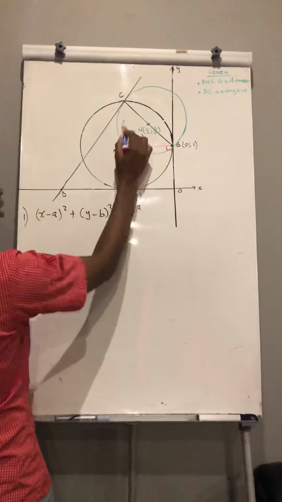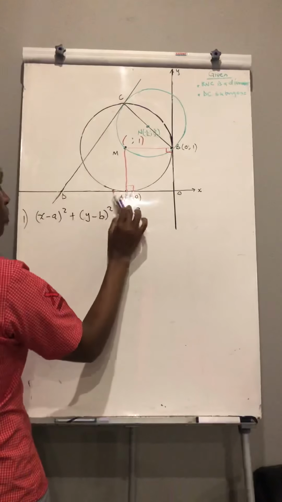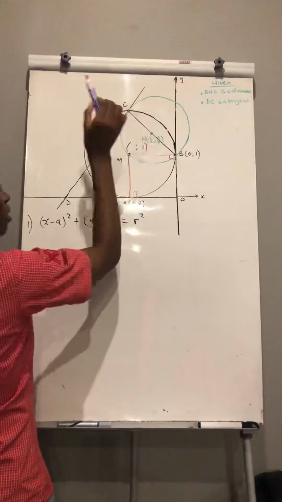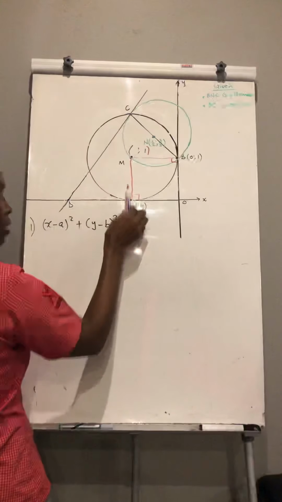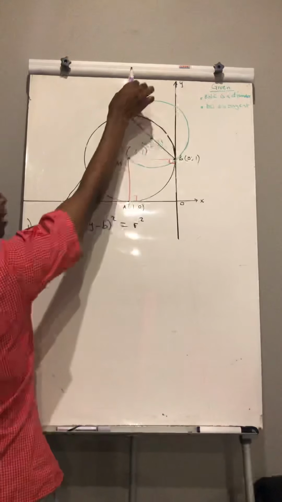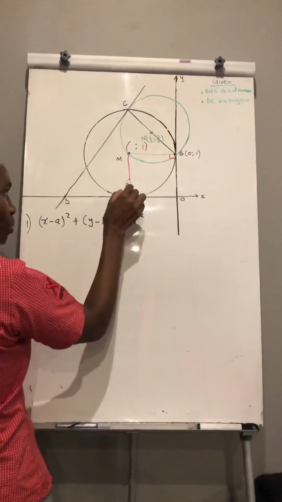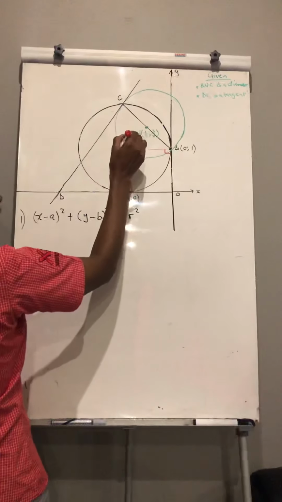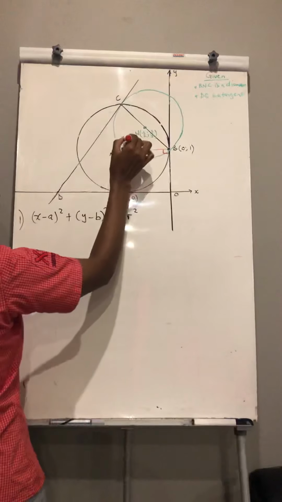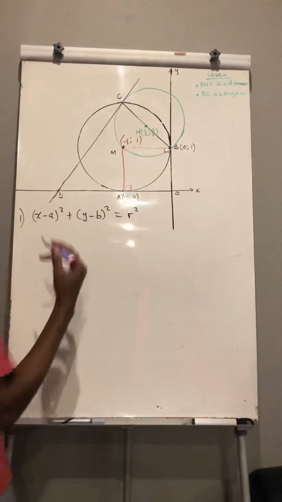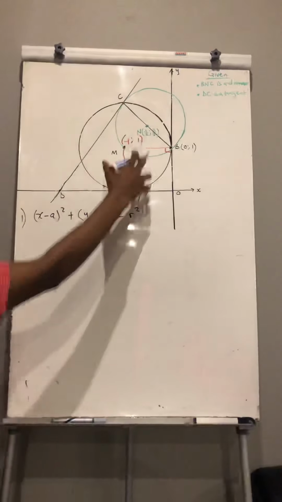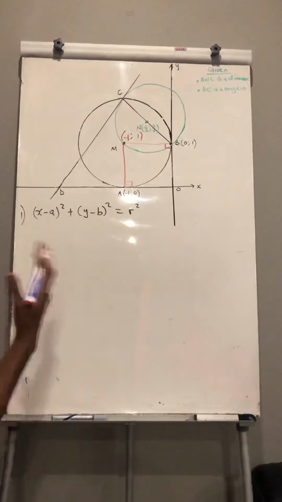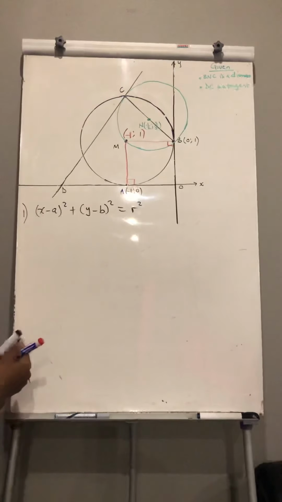So if it's a vertical line, what we know is that on a vertical line, the x value does not change. It is the y value that changes. Here it will still be -1, it's something else, and here it will still be -1. So that is how we managed to crack the coordinates of M right there, the center of the big circle. So now we know the coordinates of M.